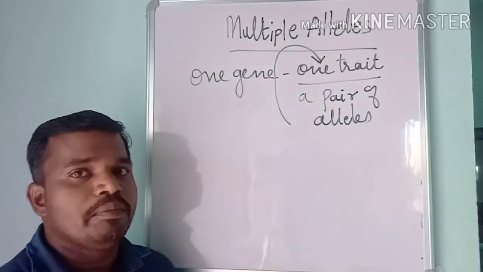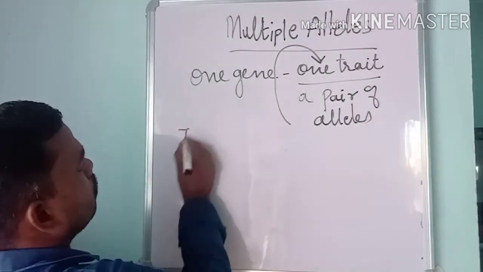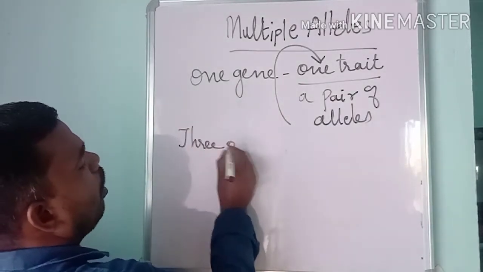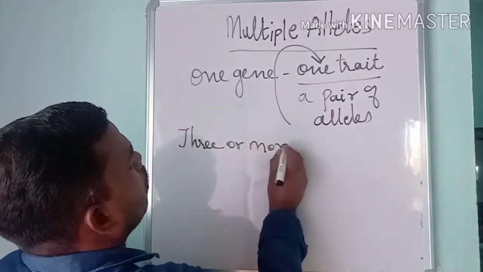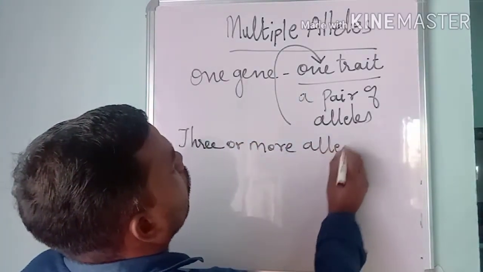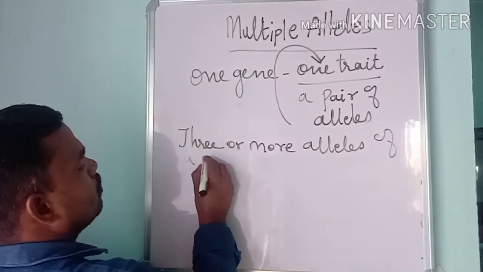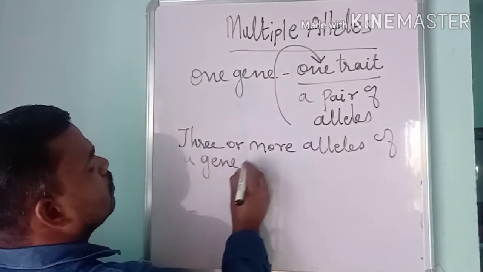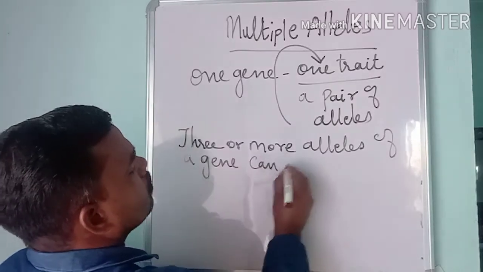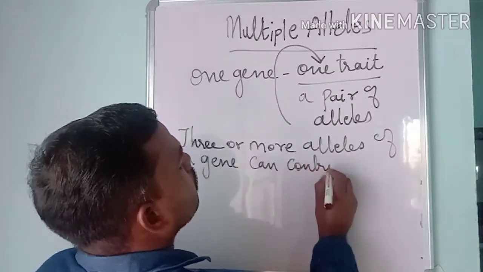In case of multiple alleles, three or more alleles of a gene can control a particular trait.